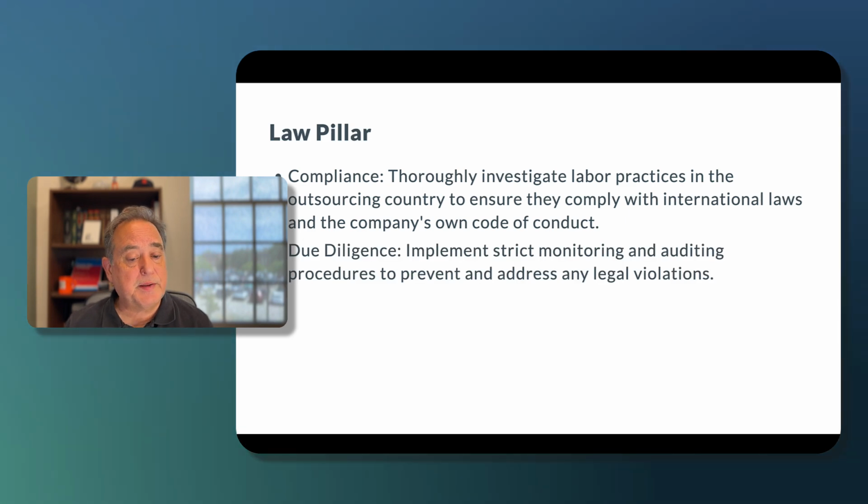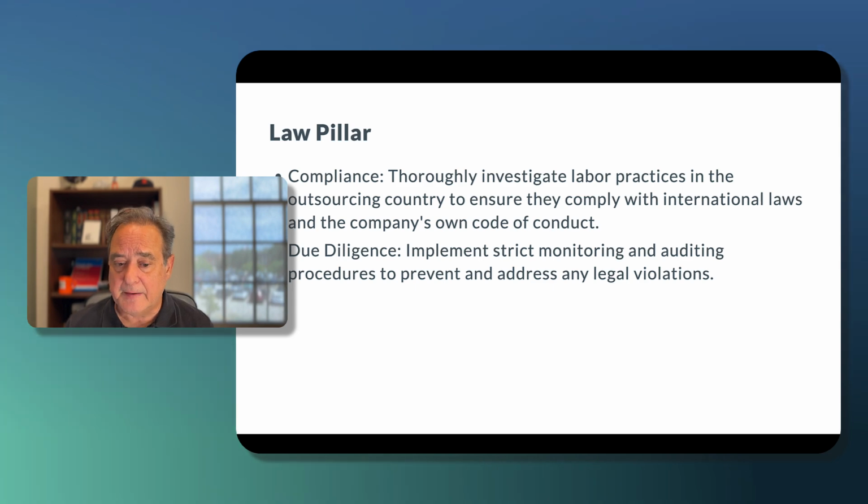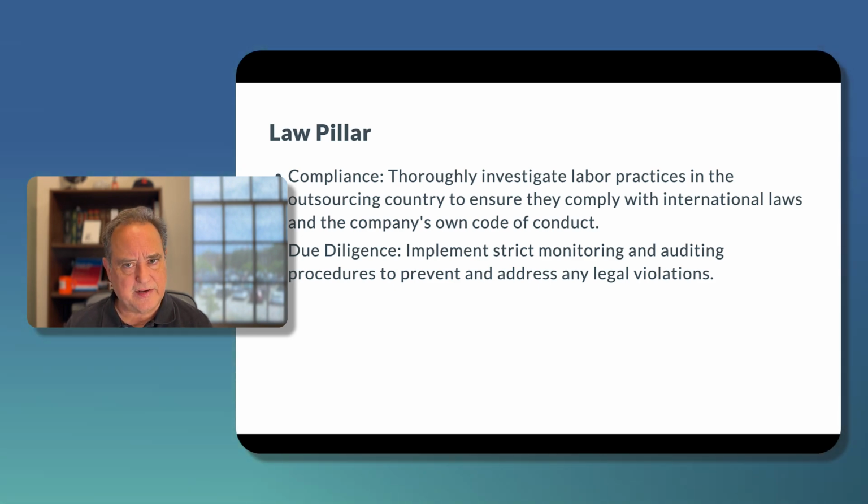And it's also going to be important to do our due diligence, meaning not only do we address these problems beforehand, but we maintain a system of strict monitoring and random auditing to prevent and to address any legal violations. To say that we have instituted procedures to guarantee that these illegal events are not happening.